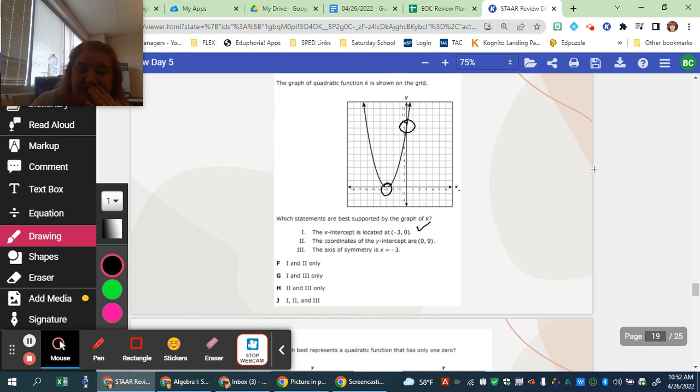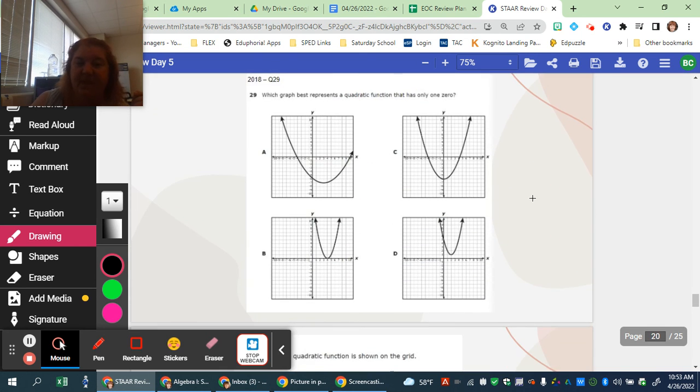Here's the y-intercept. Is 0, 9. That is true. The axis of symmetry, that is straight up here. Axis of symmetry is what cuts it in half, is -3. That is true. So it's all numbers.